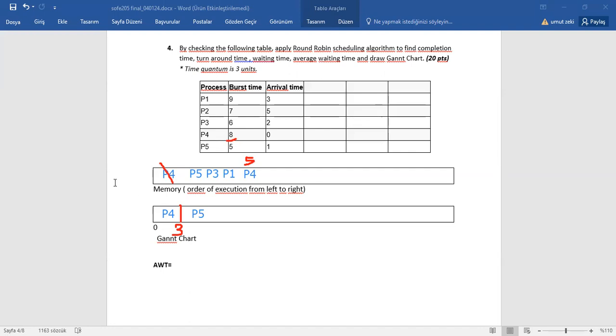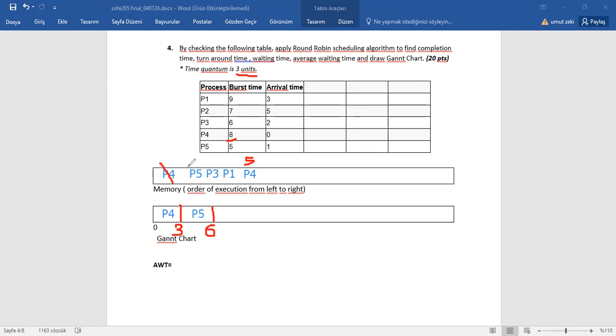How much time? Again, 3 nanoseconds, because my time quantum is 3 units. So time will be 6. P5's burst time is 5 nanoseconds.